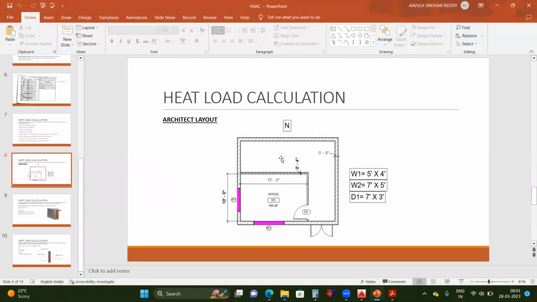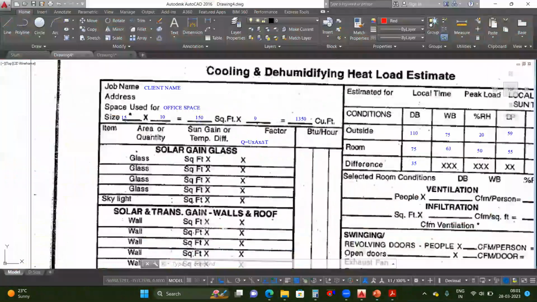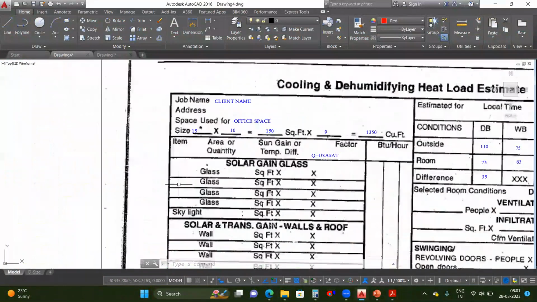Also, we need to see the direction. This N that is showing is the north, this will be the south, this will be the west, and this will be the east. So we will write the glass direction first here.